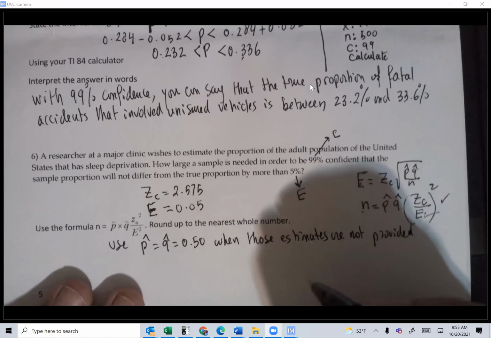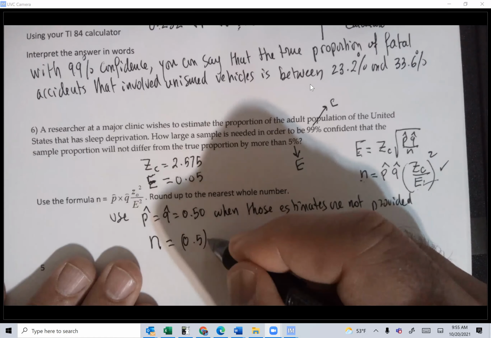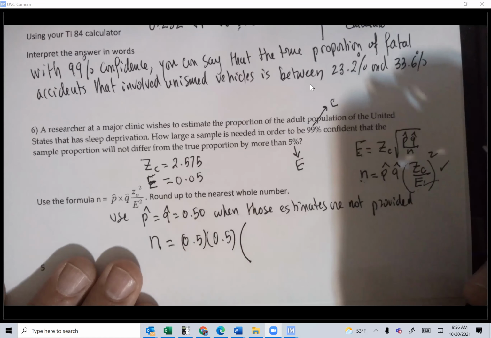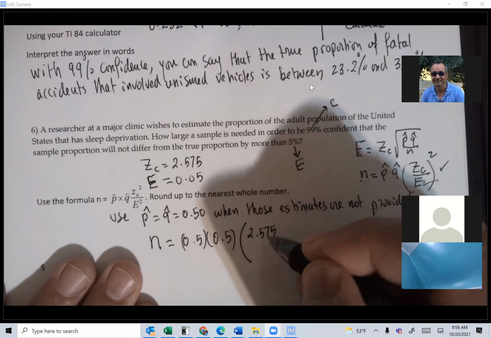So now, guys, I'm ready to find n. You put 0.5, 0.5, and then z_c is 2.575, over 0.05, squared.